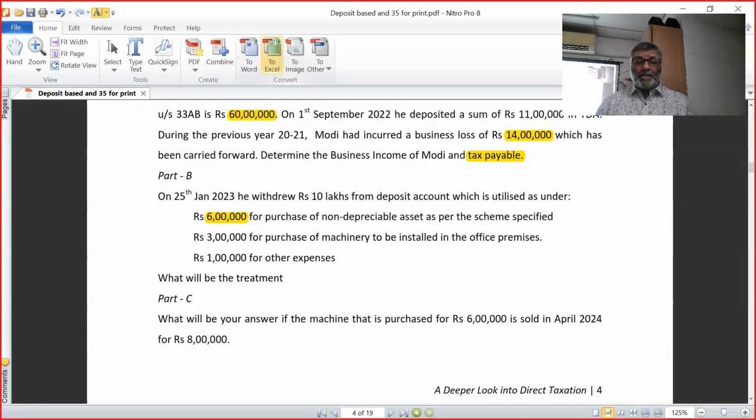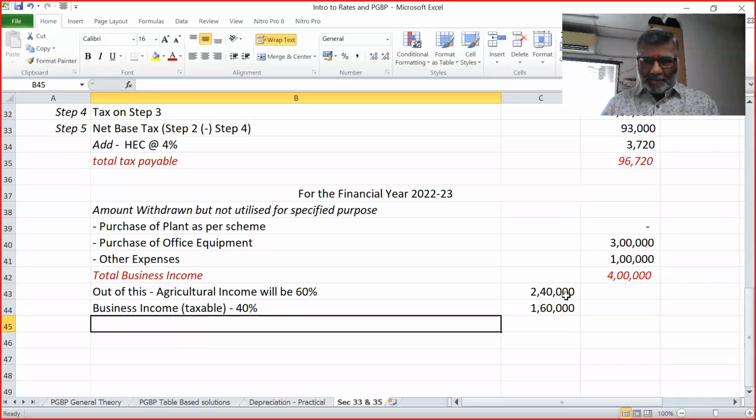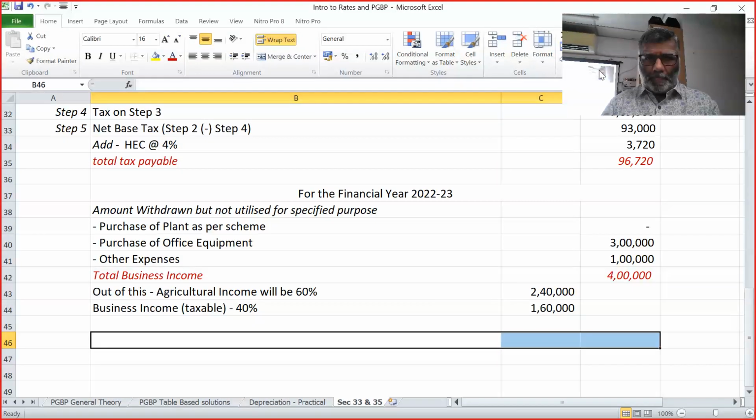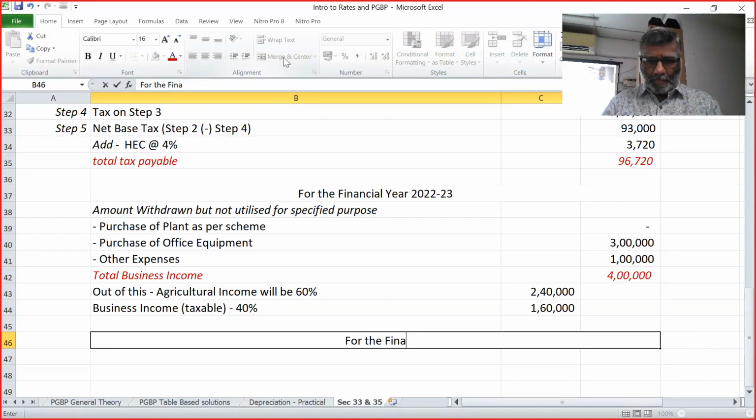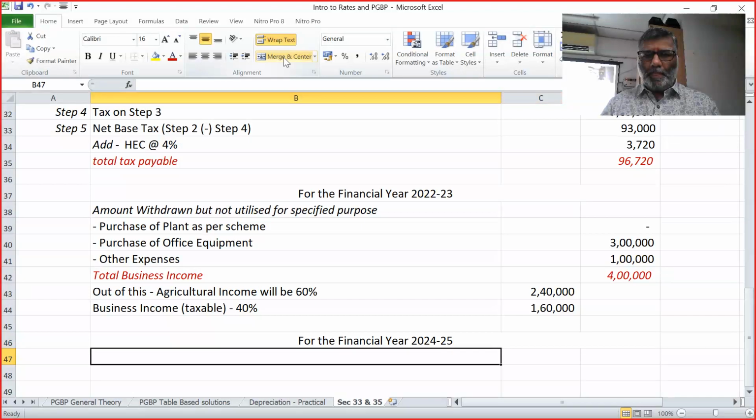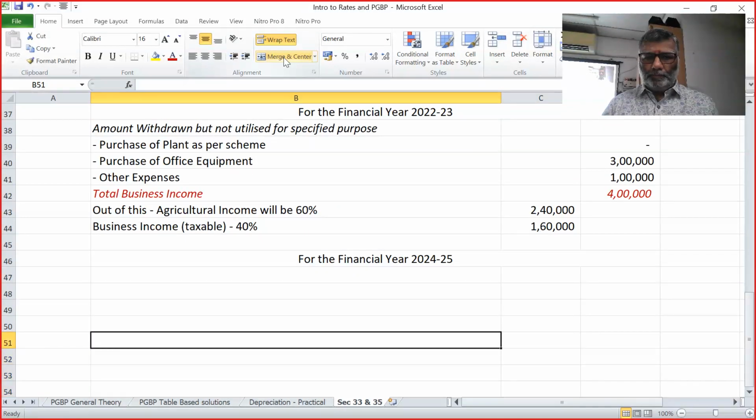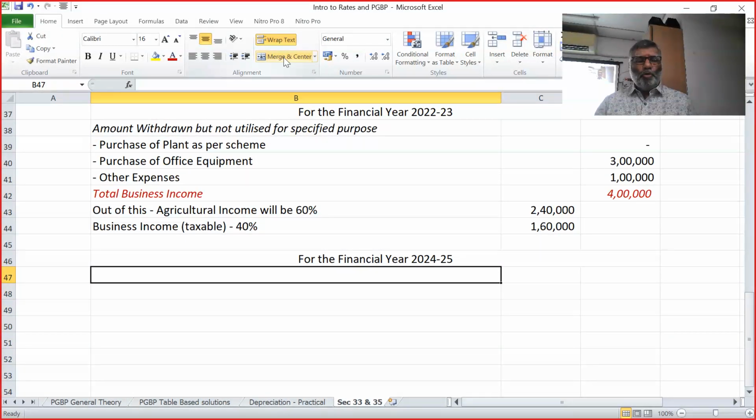What will be your answer if the machine that is purchased for 6 lakhs is sold in 2024 for 8 lakhs? First, what is the law saying?